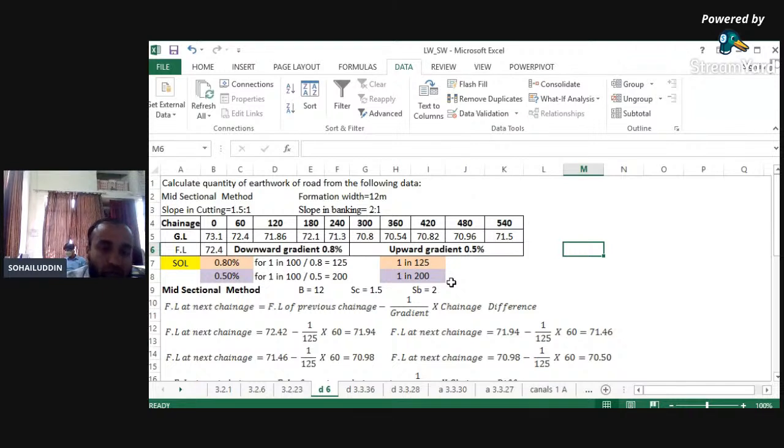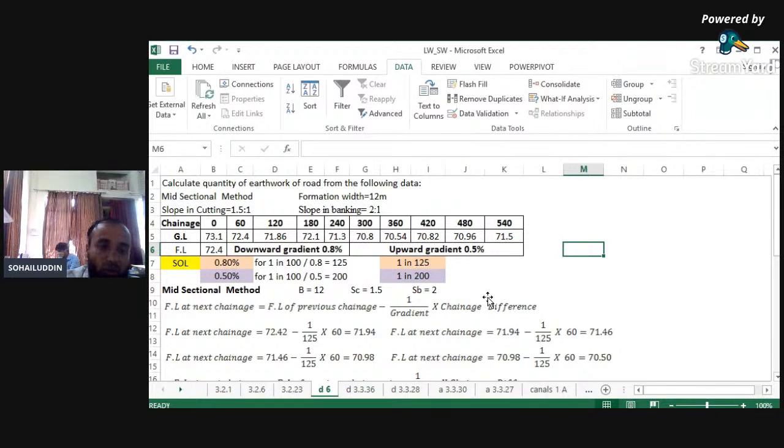That means for the downward gradient there is 1 in 125, and for the upward gradient there is 1 in 200. How to calculate? Just reverse this: 100 divided by 0.8, and for this 100 divided by 0.5. So 1 in 125 and 1 in 200.